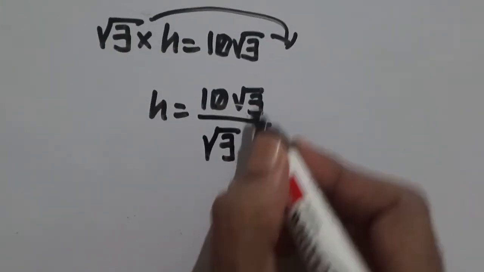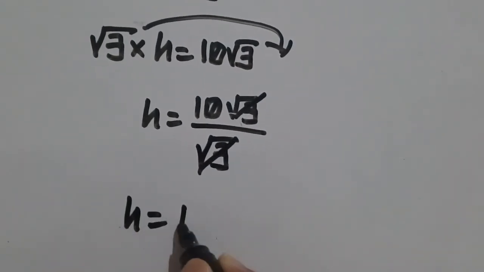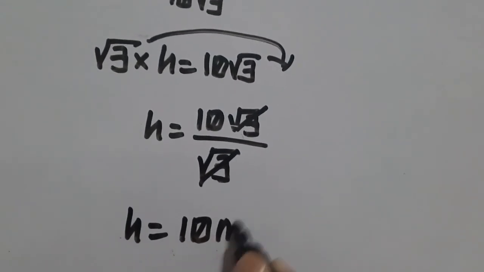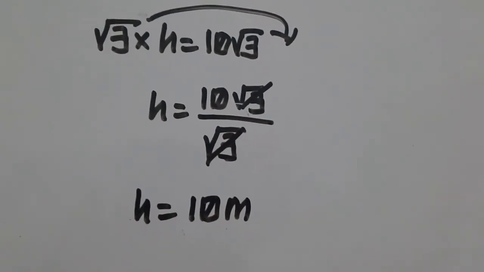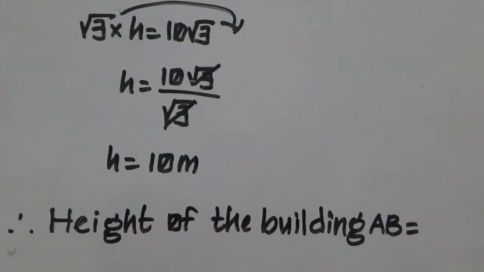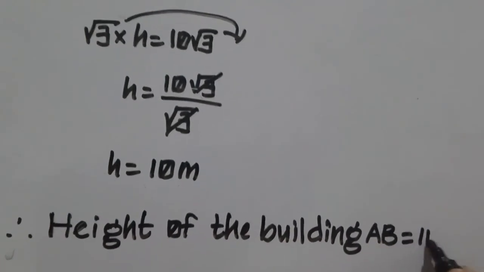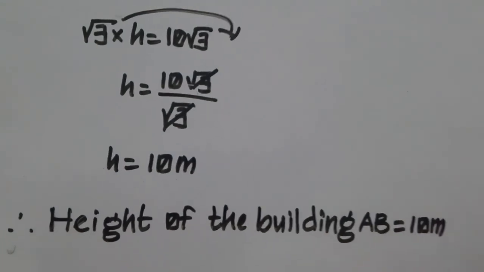Now the root 3 gets cancelled, therefore H is equal to 10 meters. This is the height of the building. Therefore, the height of the building AB is equal to 10 meters. Hence, proved.